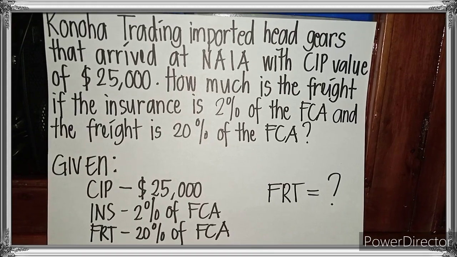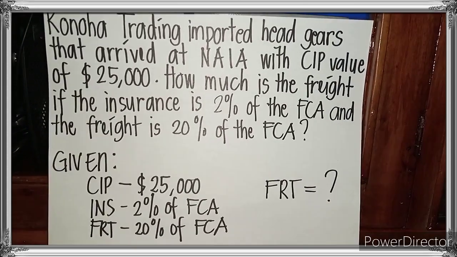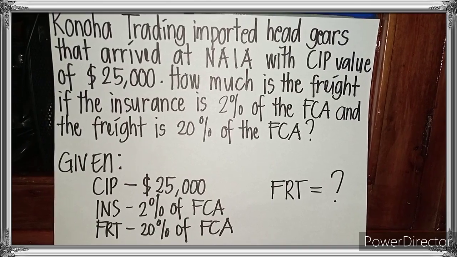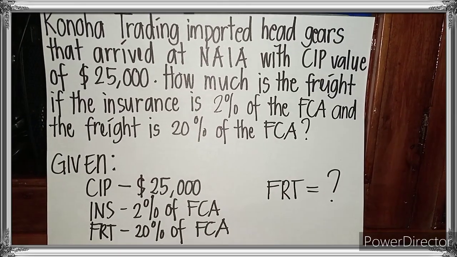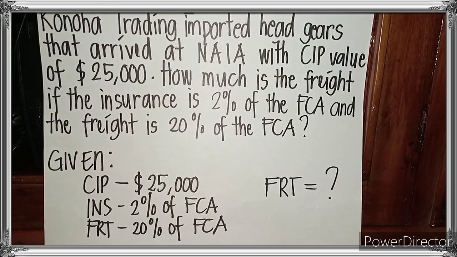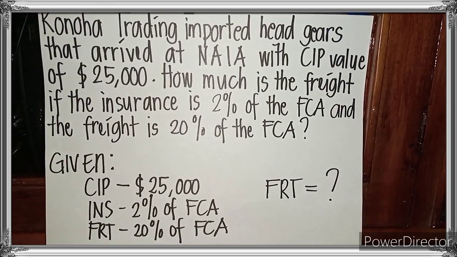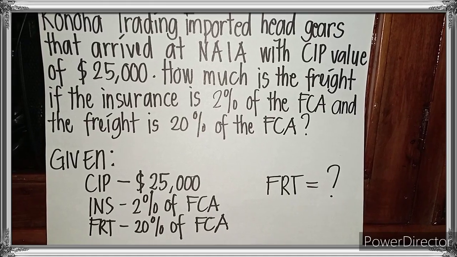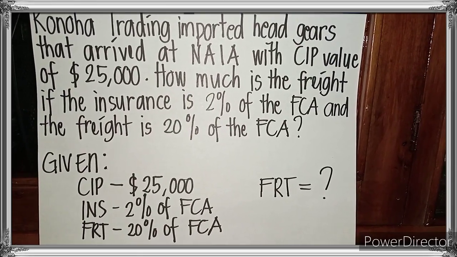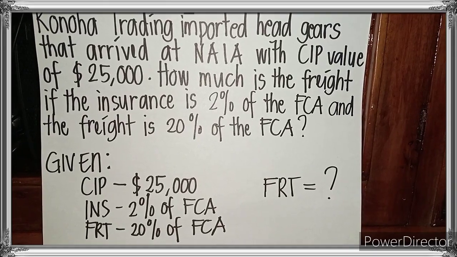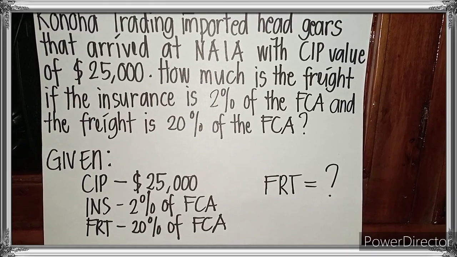Next, this is kind of a tough question. Konoha Trading imported headgears that arrived at NAIA with a CIP value of $25,000. How much is the freight if the insurance is 2% of the FCA and the freight is 20% of the FCA?